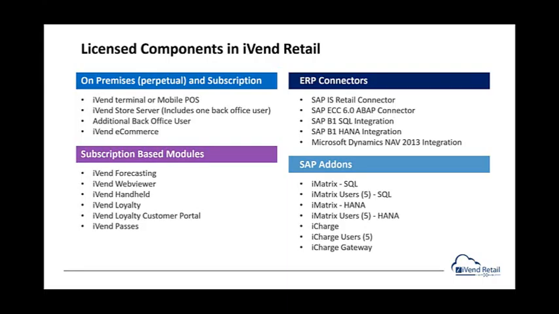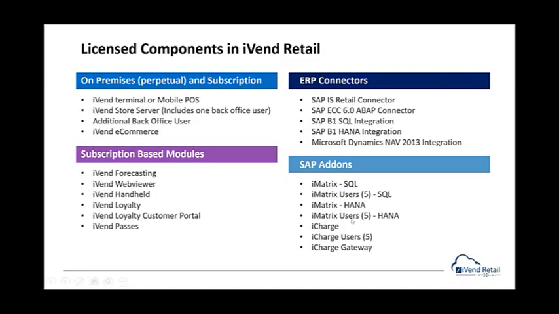The first one is both on-premise as well as subscription, as in perpetual and subscription. The second category is only subscription-based modules. And the third category is only perpetual or only on-premise based licensing modules.